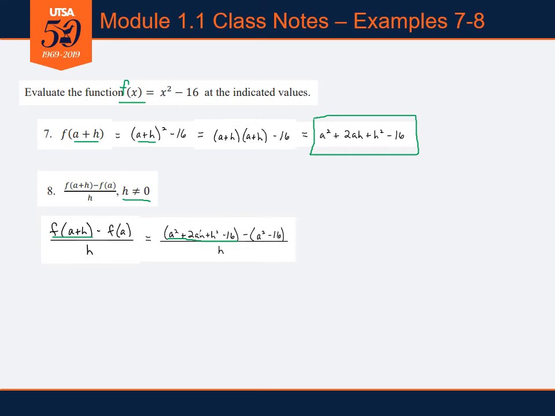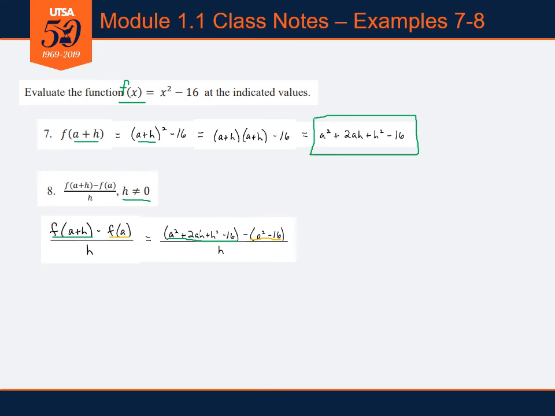So f of a plus h then is a squared plus 2ah plus h squared minus 16, as I've already found. And then let me switch colors here and say, then f of a is the function f, where I go to the function f and I replace x by a. So instead of x squared minus 16, that's a squared minus 16.